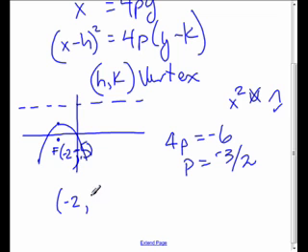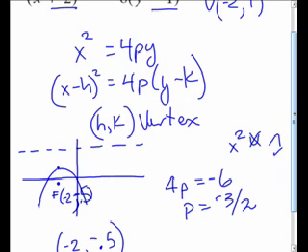Negative 2 and negative 0.5, or negative 1/2. And my directrix line, I'm already up 1, so if I go up another 1.5, I'd be at 2.5. So my directrix line is y is equal to 2.5, or 5/2 if you like proper fractions.